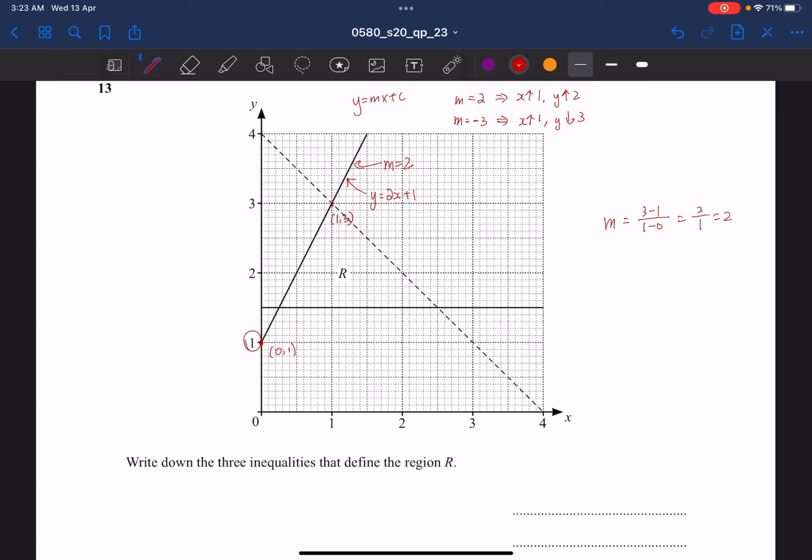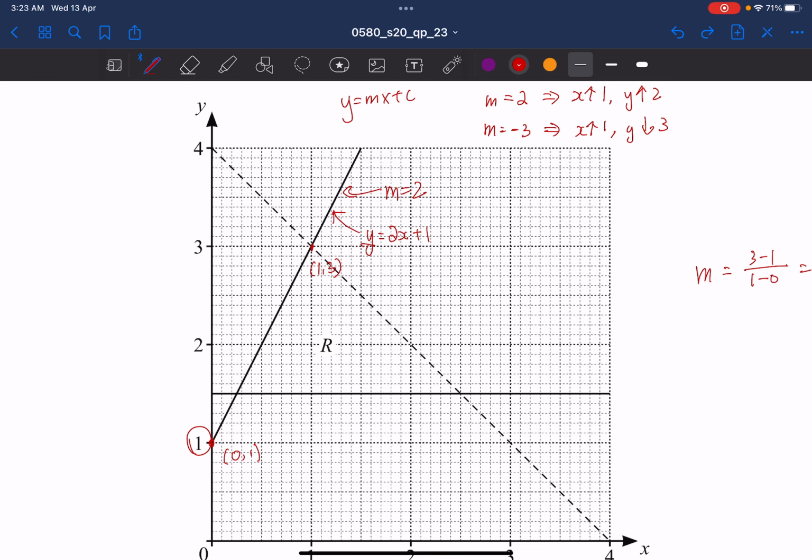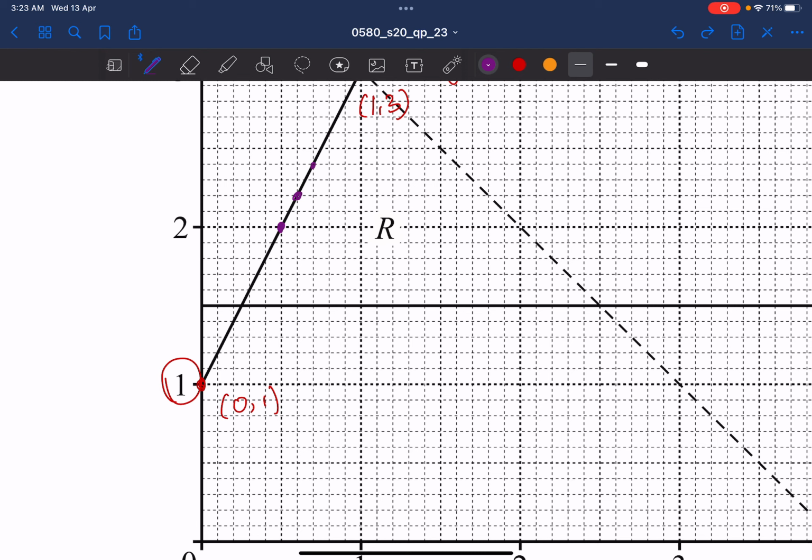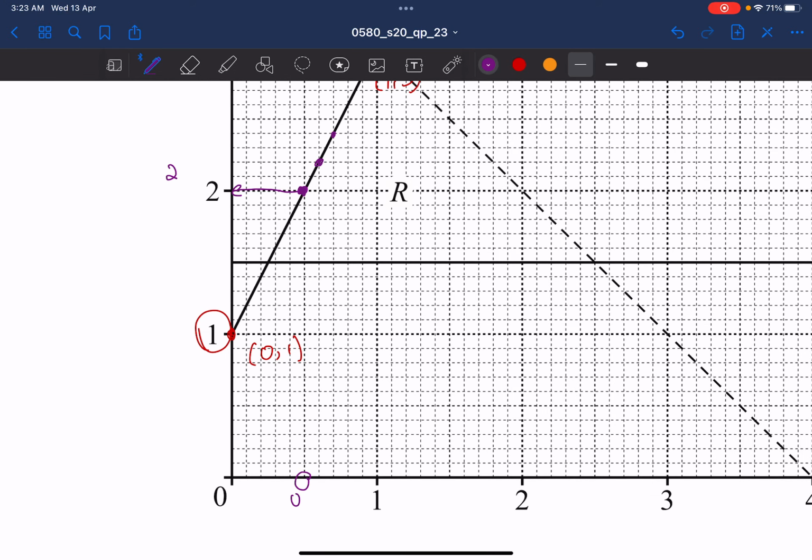And this region R is below this line. What does this mean? For any point on this line, its y value is 2 times its x value plus 1. For example, this point has x value 0.5, so 2 times 0.5 plus 1 is 2, correct?